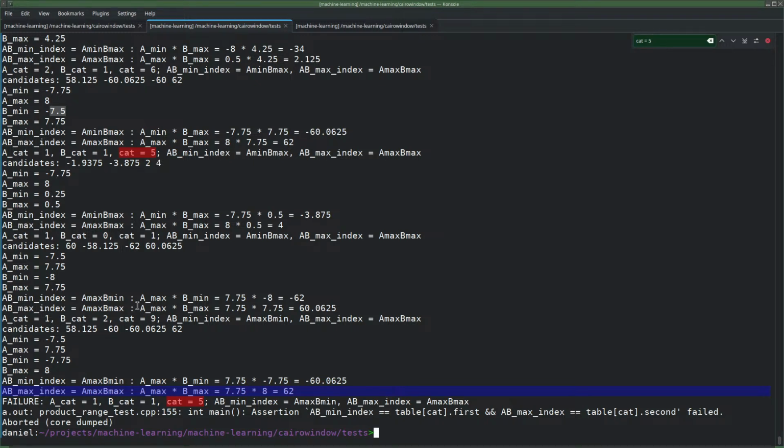Wait a minute. So one thing is the sign. Both A and B cross 0. The other influence then, in that case, is the absolute value. So the absolute value of max is larger for A. And here as well. And here the absolute value of max is larger for B as well. And here too. Okay, so these are really the same category.